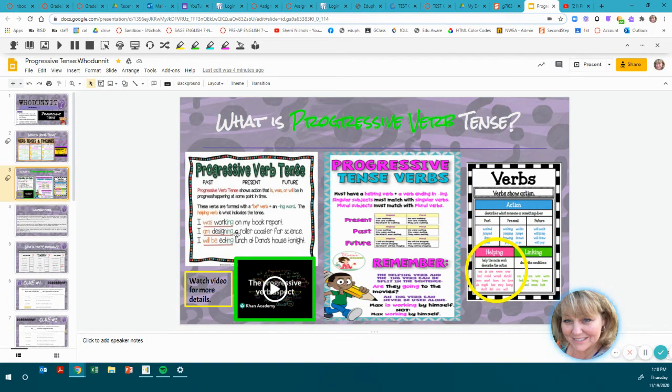So you add the ing to the verb in order to make it the progressive, whether it's past, present, or future progressive. So it must have a helping verb and a verb ending in ing. And then singular subjects must match singular verbs, and plural subjects must match plural verbs.